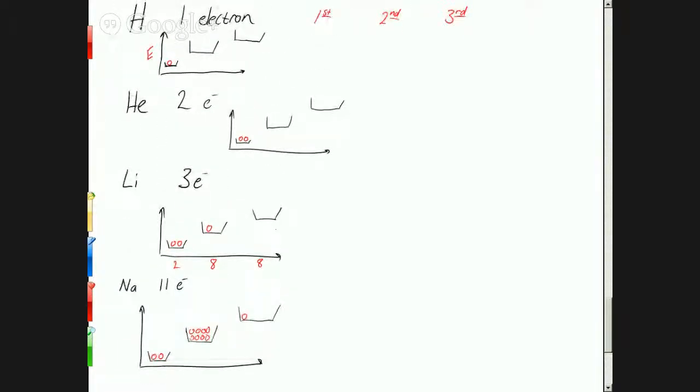All right, so now we've got some models set up here. Let's talk about what this means. In chemistry, when atoms encounter other atoms, they only see the outermost electrons.